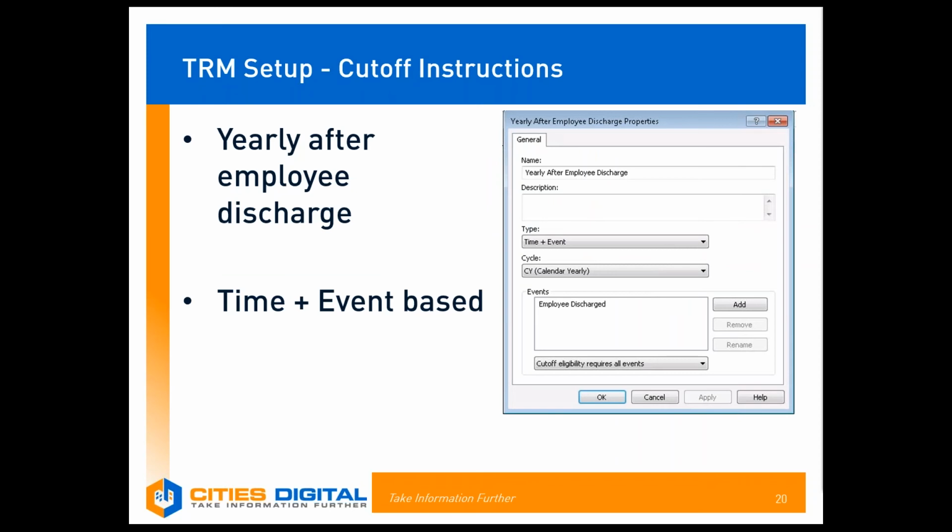You can see there that I told it it's a time plus event. I set it to calendar yearly for the cycle, and then in the events there, I said the event that we are using is an employee discharge. And so you can customize the different events that are needed based on what your organization will utilize.